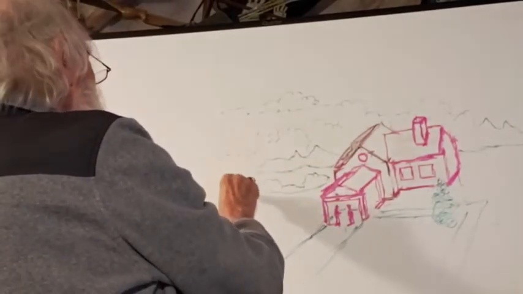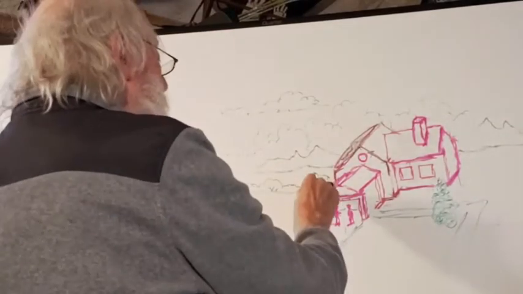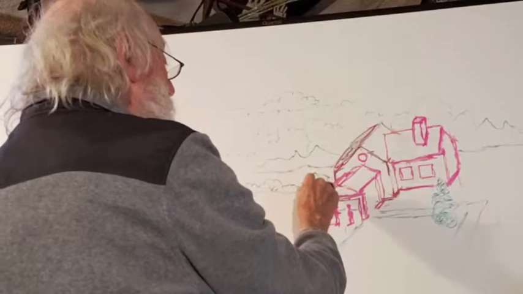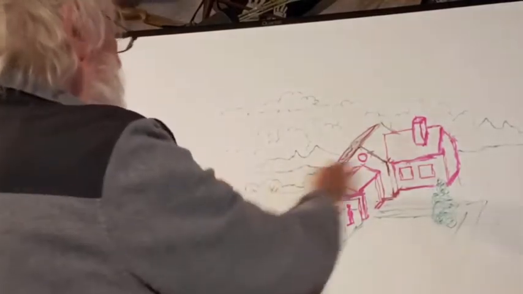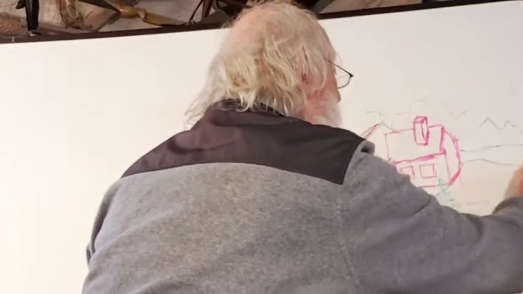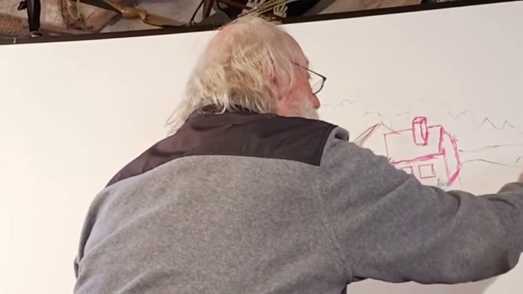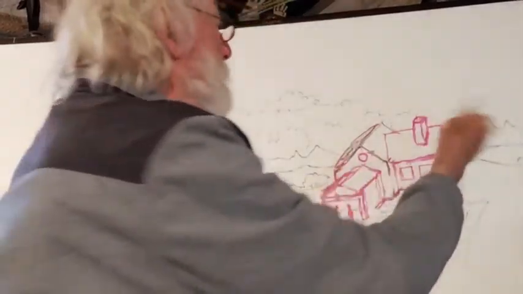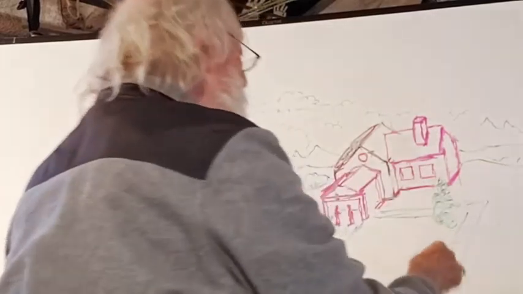Now you can easily, just with a few details, make it not look like clouds. You see how I did that? So you can get like a landscape here. I'll carry that on over here so that there's like a row of trees back behind this ridge. That's a real simple way to do that.